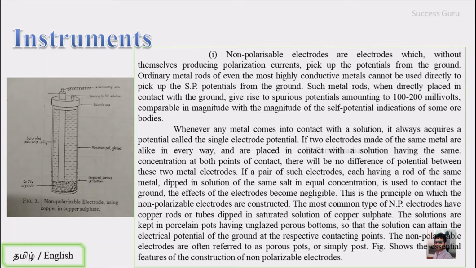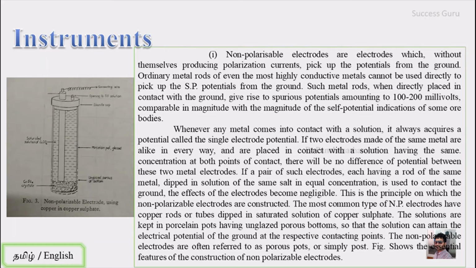And if a pair of such electrodes, each having a rod of the same metal dipping in a solution of the same salt in equal concentration, is used to contact the ground, the effect of the electrode becomes negligible. This is the actual principle behind the working of the non-polarizable electrode.